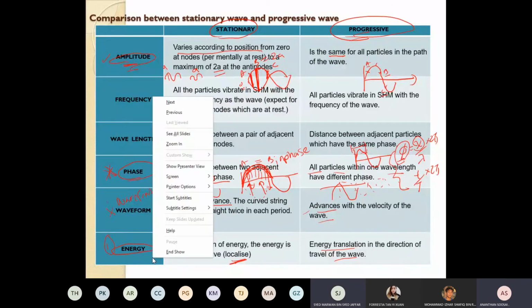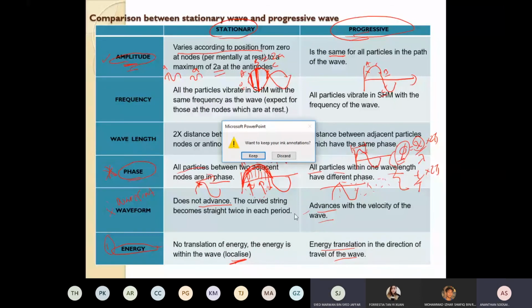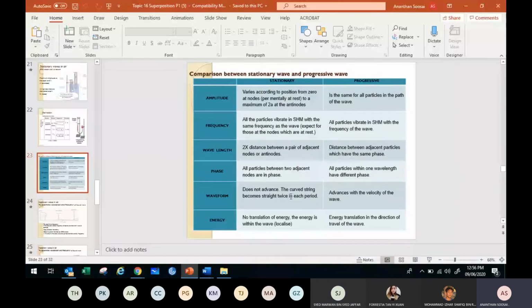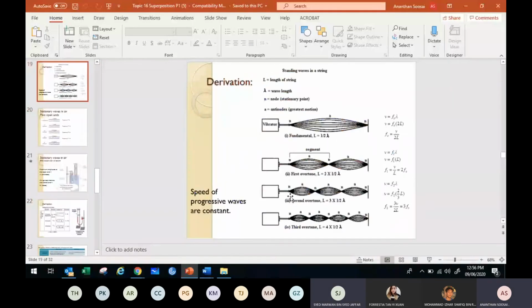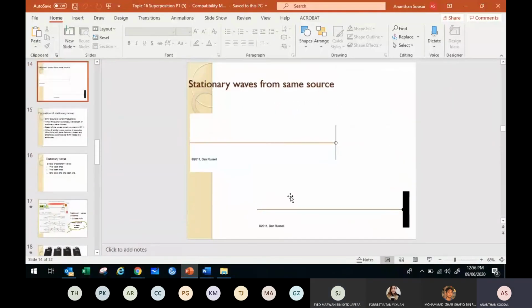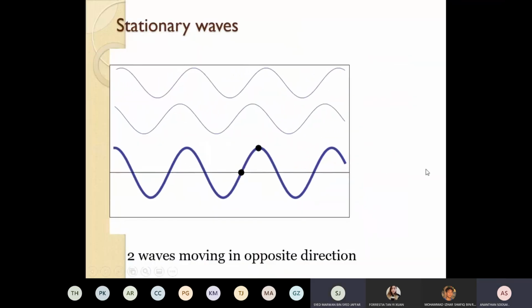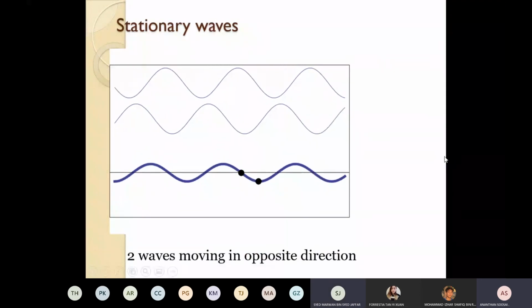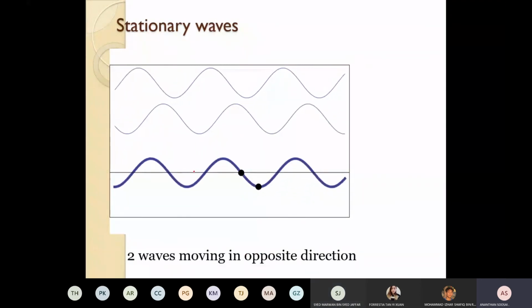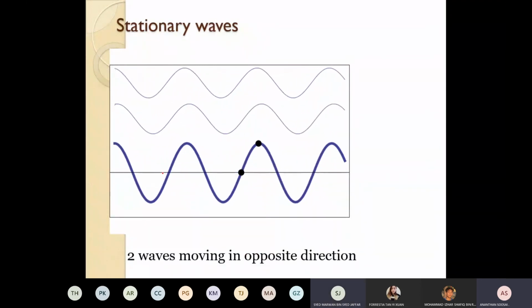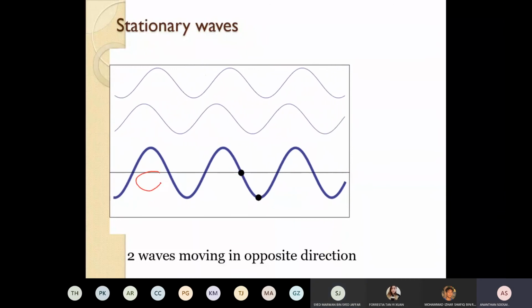Yeah, this part, I think let me show the animation, it is better. Go to the animation. I think this works. Okay, I'm just talking about phase. This is a stationary wave. You see the first loop. Let's say this is the first loop.